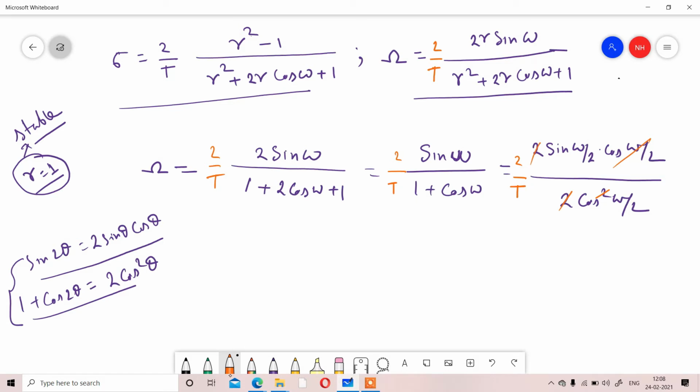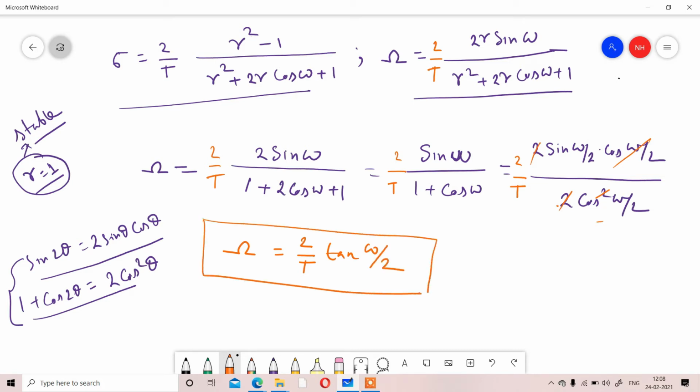So the remaining part will be 2 by t into sine omega by 2 by cos omega by 2. That is tan omega by 2. So the result is analog frequency equal to 2 by t tan digital frequency by 2.